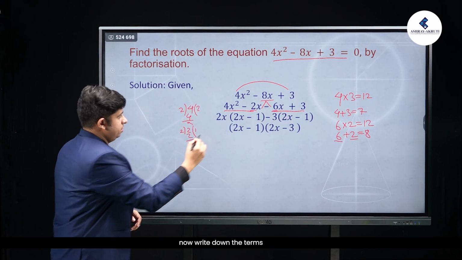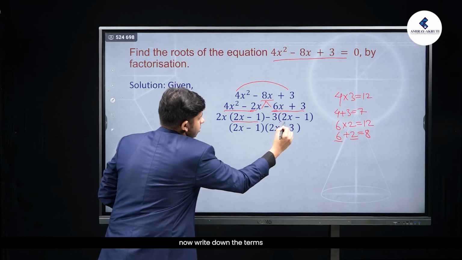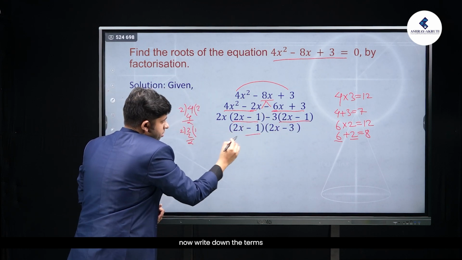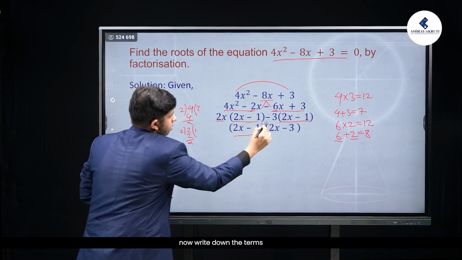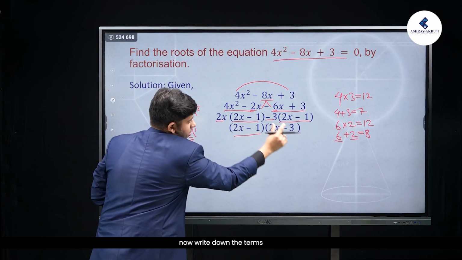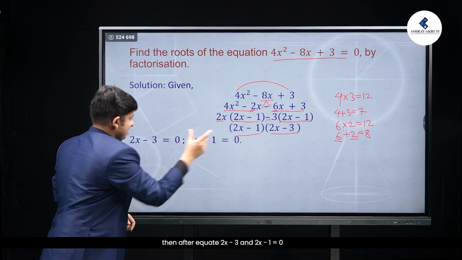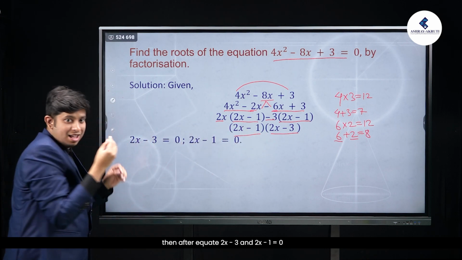Now write down the terms. Then equate 2x minus 3 and 2x minus 1 with 0.